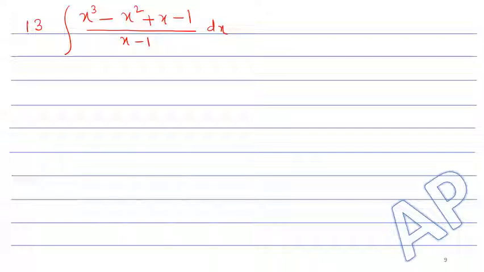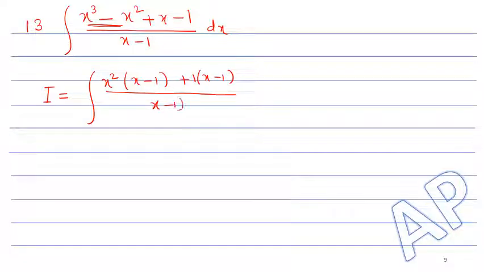Now let us look at question number 13, which is the integral of x cube minus x square plus x minus 1 divided by x minus 1. In the numerator, in the first two terms you can observe x cube minus x square, so we can take x square common. I will consider the integral I, which is x square into x minus 1, plus, let us group the rest as 1 into x minus 1, divided by x minus 1.